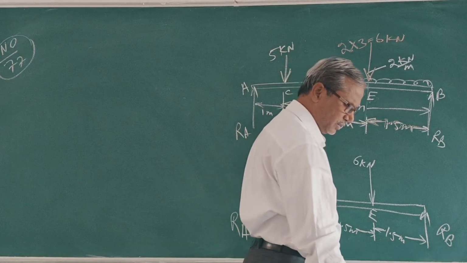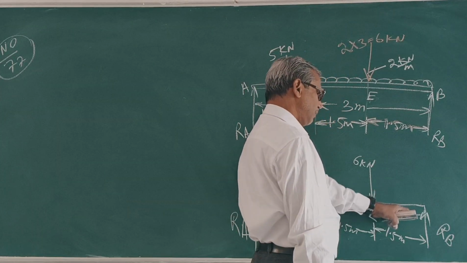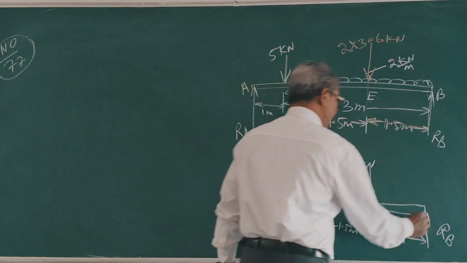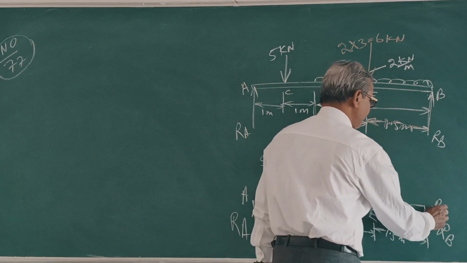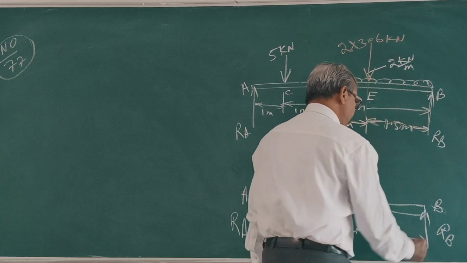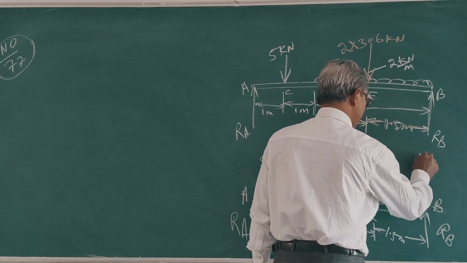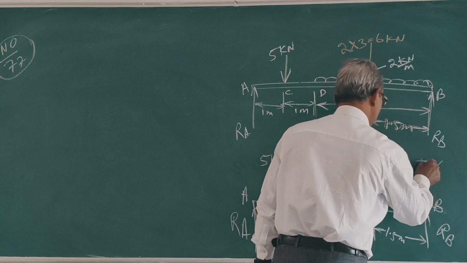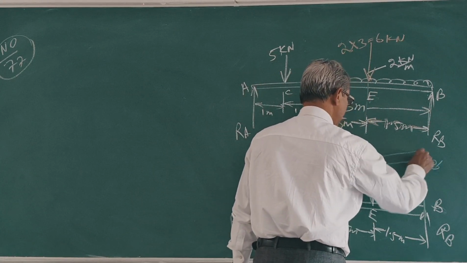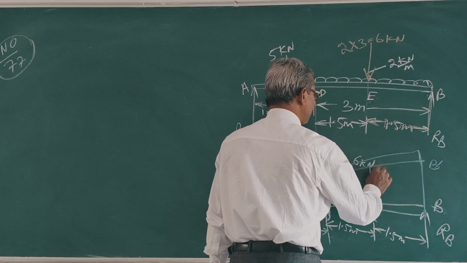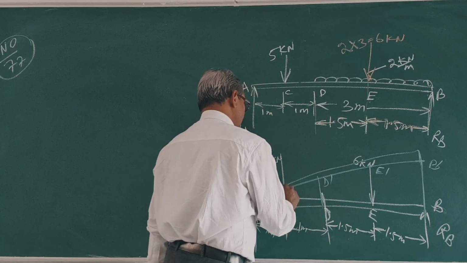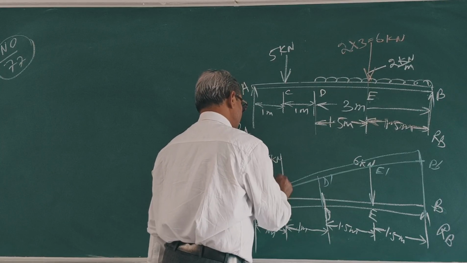Now give a virtual displacement y at B. Suppose B moves to B dash, E moves to E dash, D moves to D dash, C moves to C dash.